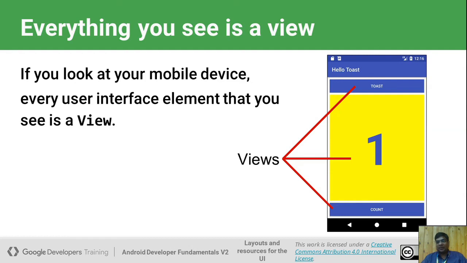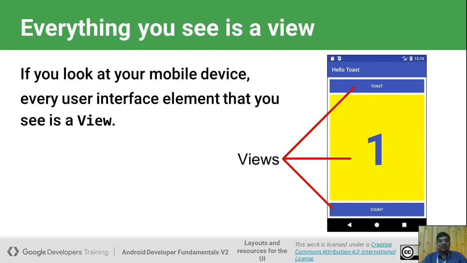What is a view? When you hold your mobile in your hand and open an app, a screen is shown on your mobile. That screen has many components, and the combination of those components is called a view.